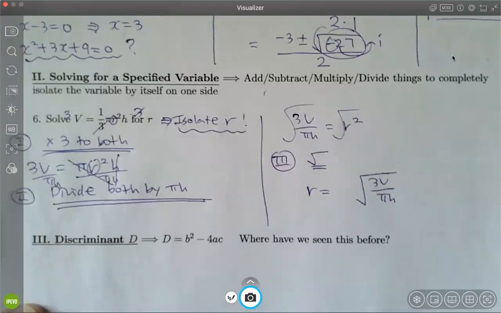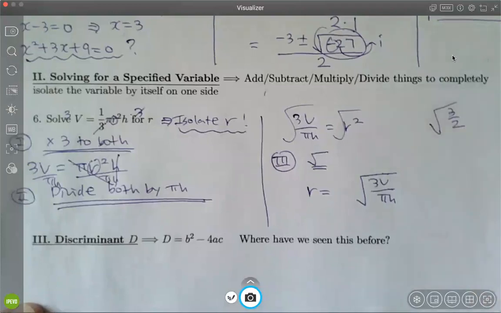Are we forgetting something? You can't have a denominator in the square root, right? Well, we could. That's fine, because like square root of 3 over 2, that's okay, right? But are we missing something? Plus or minus. Thank you.